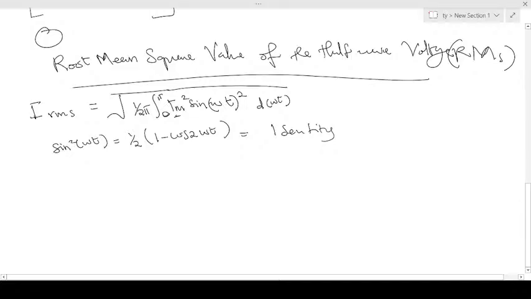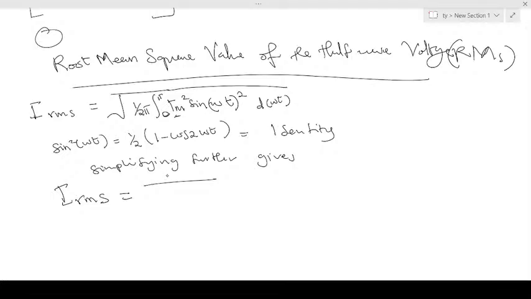So if we apply this identity into our equation, I root mean square is equal to the square root of the expression, replacing the sine square of omega t with half of 1 minus cos 2 omega t.